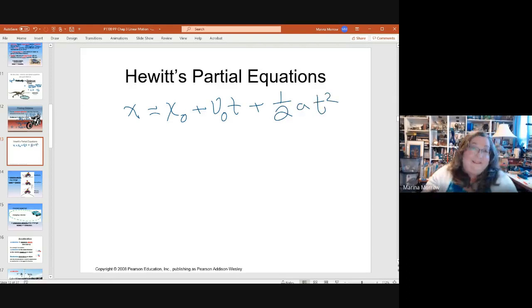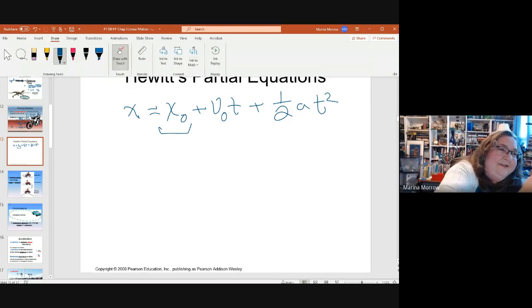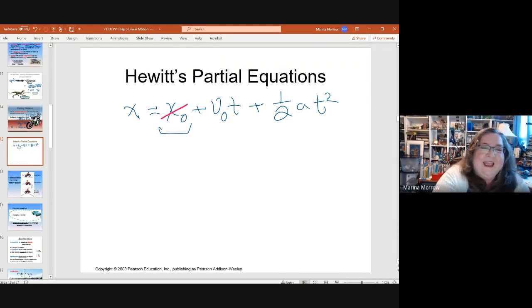Okay, so this is the equation you would get in a lot of physics classes. However, what Hewitt did is he takes separate little pieces and simplifies it down. So when you're looking at this equation, maybe you've got a starting distance. Well, Hewitt says, no, everything starts at 0.